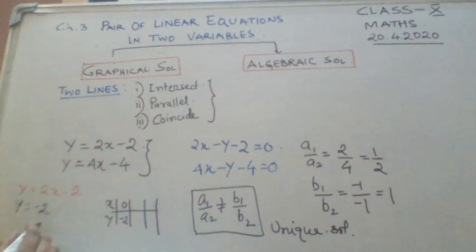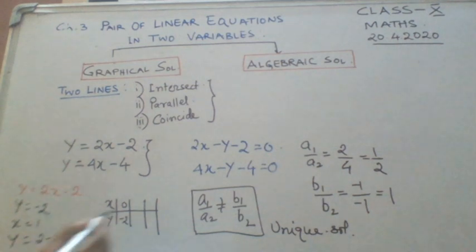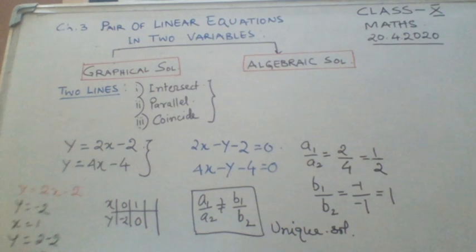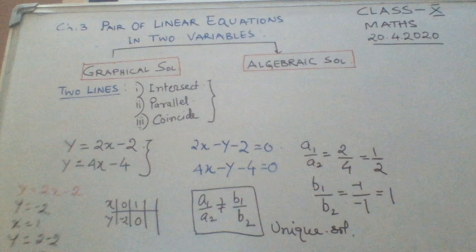And if x is equal to 1, then y is equal to 2 into 1 minus 2, that is y equal to 0. And if your x is equal to 2, then y is equal to 2 into 2 minus 2, that is 4 minus 2 equal to 2.